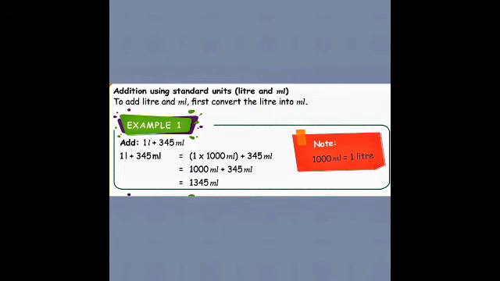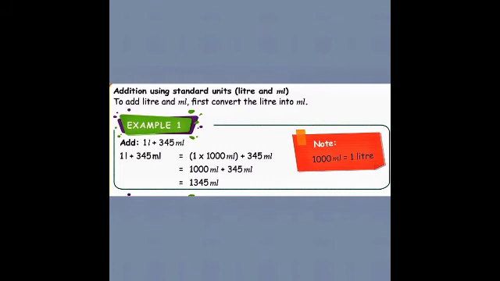Which is a smaller unit, liter or milliliter? Milliliter is the smaller unit. So I am going to convert that 1 liter into milliliter, which is equal to 1000 milliliter. So 1000 milliliter plus 345 milliliter is equal to 1345 milliliter.